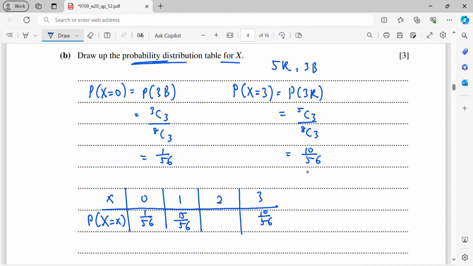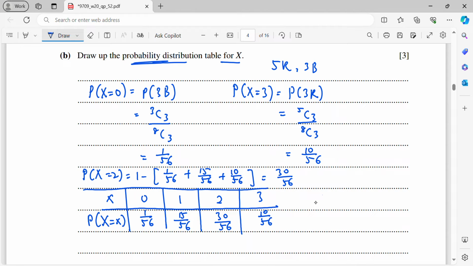So I will just show it here. So then you will be getting 30/56. Okay, so that's the solution of this question. This is the table that you need to find.